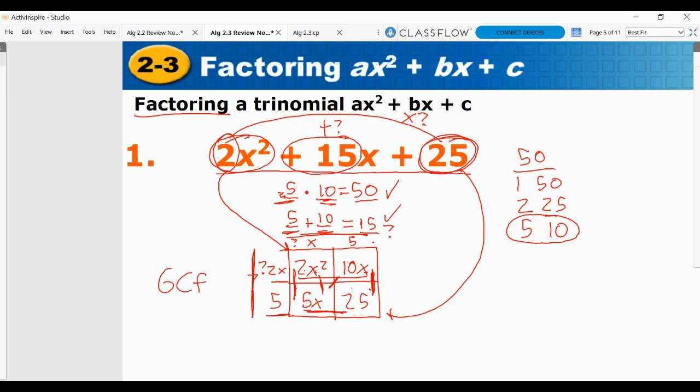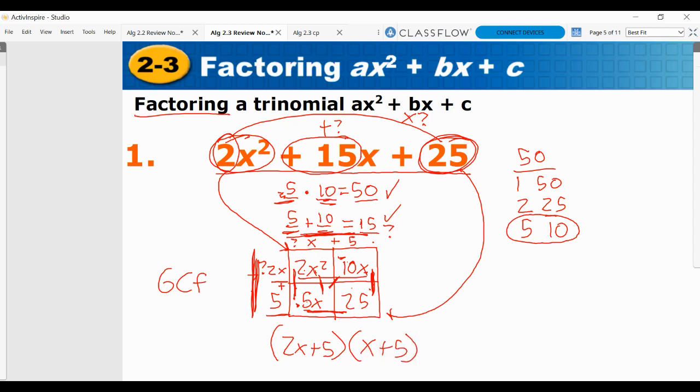Okay, and then take a look at our signs. This number here is positive, so that's going to be plus. This number here is positive, so that's going to be plus. All right, so this tells us our two binomials that got multiplied together. One of them was these guys, 2x plus 5. And the second one was this up here, x plus 5.